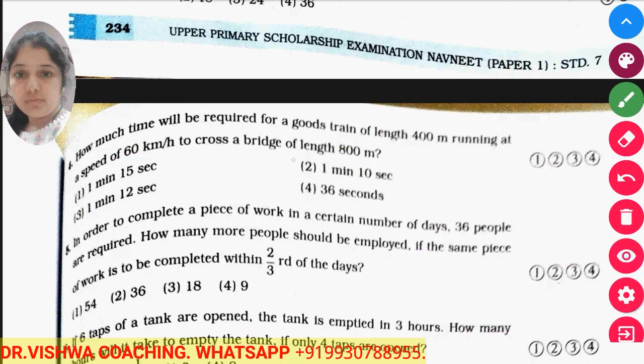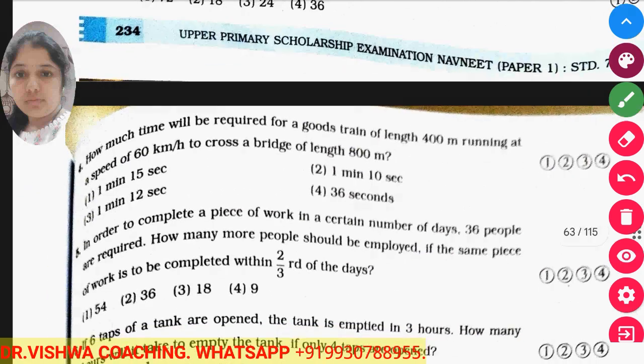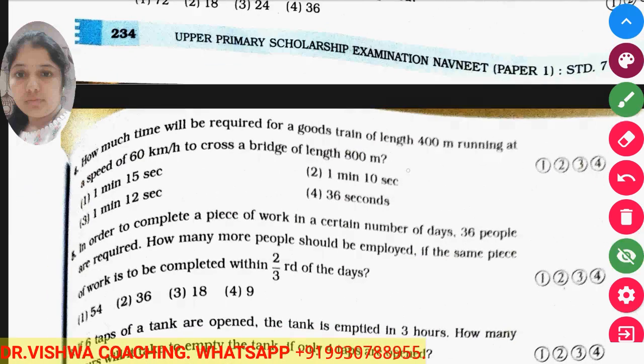Now 72 seconds means 1 minute and 12 seconds, because in 1 minute there are 60 seconds. So 72 seconds is 60 seconds plus an additional 12 seconds. So 1 minute 12 seconds is the correct answer, which is the time required for the train to cross the bridge.